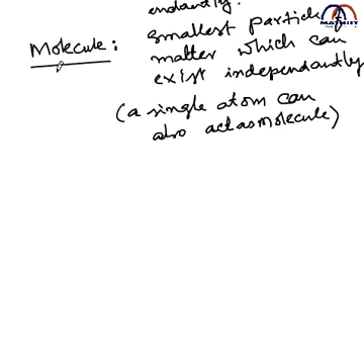Such situations are called monoatomic molecules. The only required condition for a molecule is that it should exist independently. It should have some stability. It should not participate in chemical bonding or chemical reactions as it is stable. But atoms are not like that. They participate in chemical reactions and chemical bonds because they are not stable.